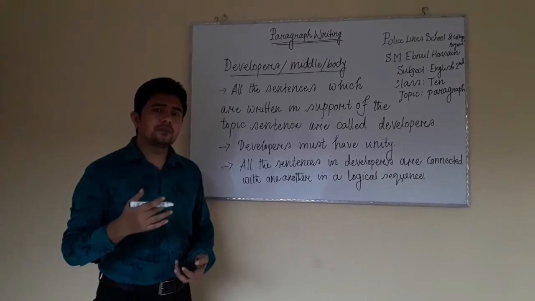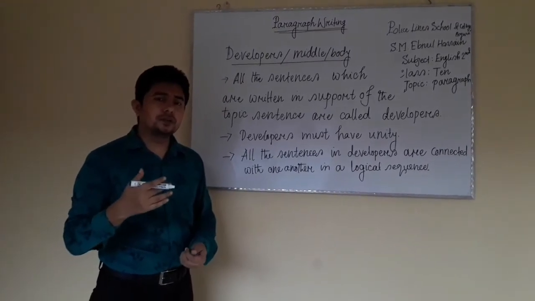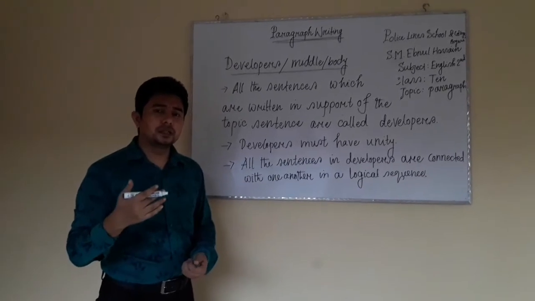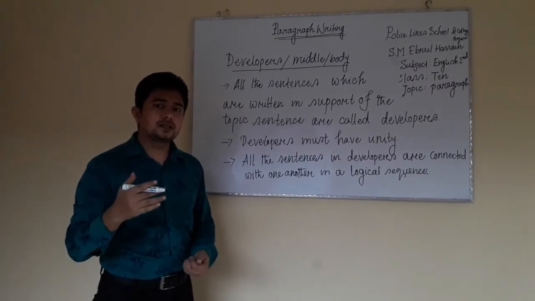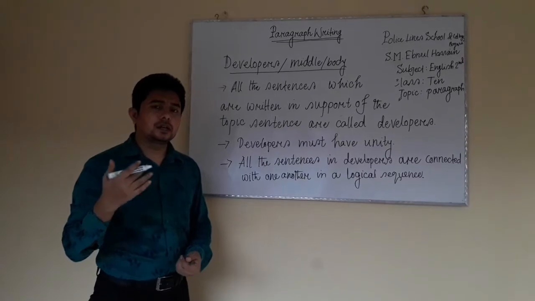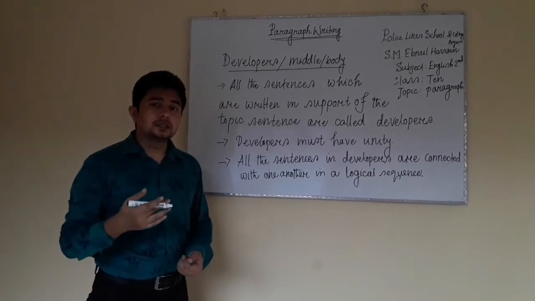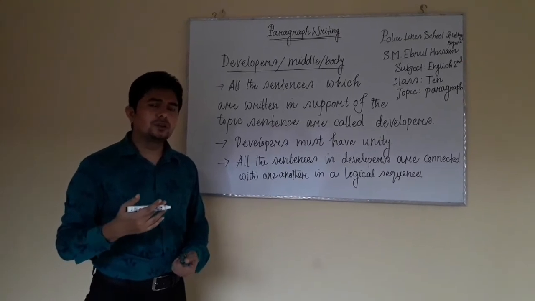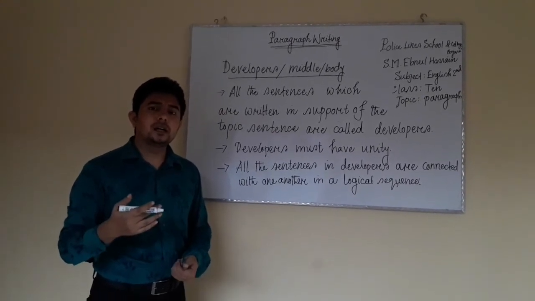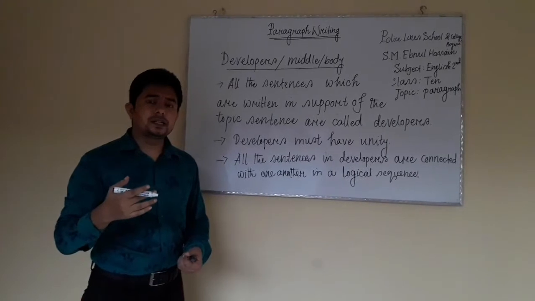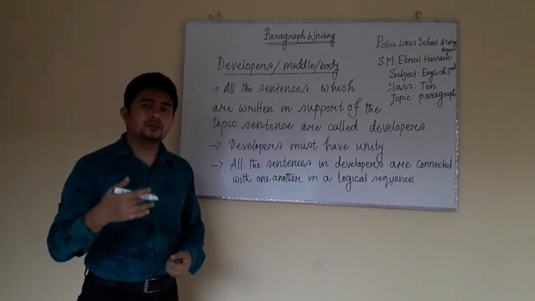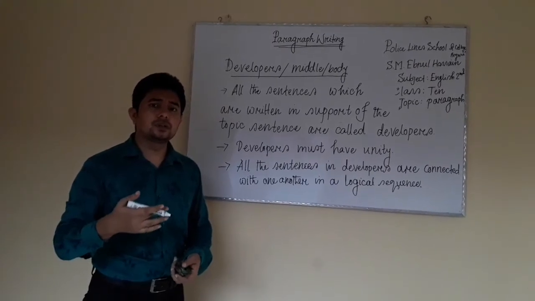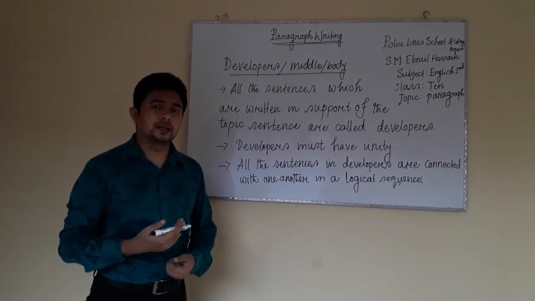If the body of your paragraph fails to maintain the unity or the connection of the sentences among one another, then your paragraph will be spoiled. So maintaining the middle of the paragraph is a very crucial thing for developing an ideal paragraph.